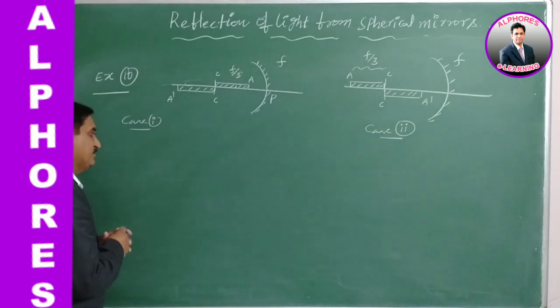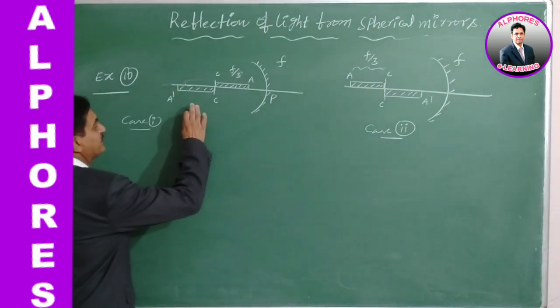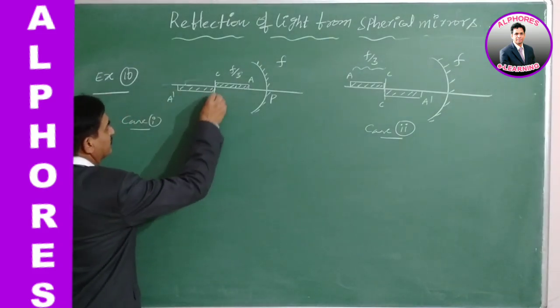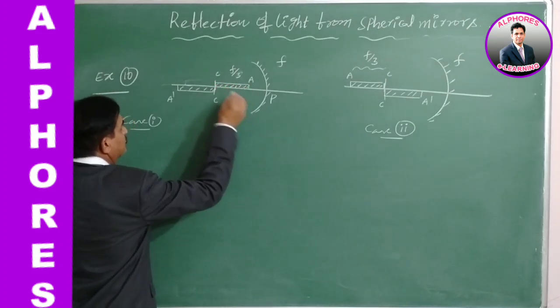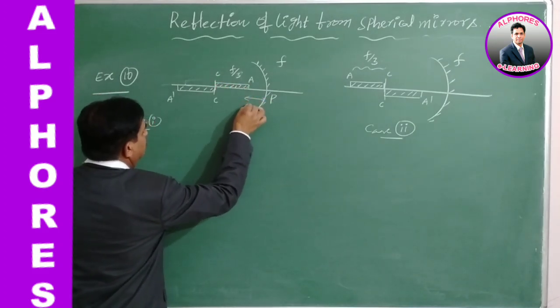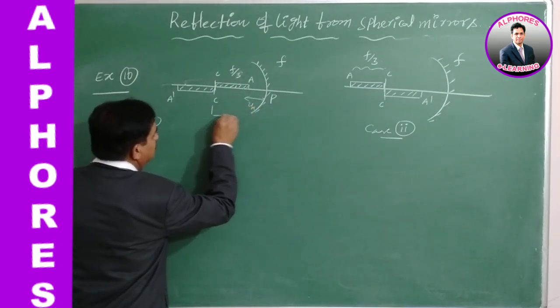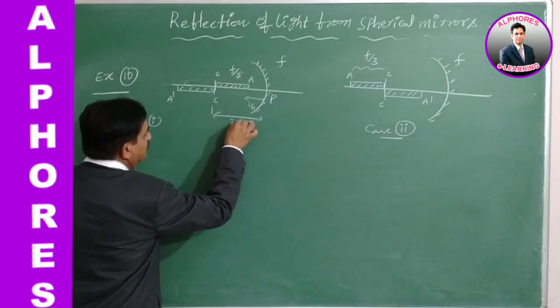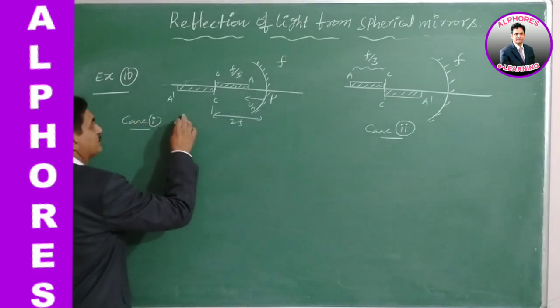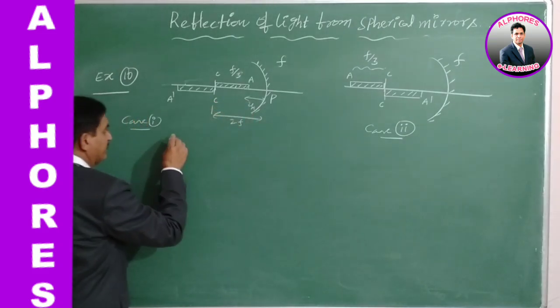So let us find the magnification here. To find it, the object distance from this point to the center is 2F, and this is UA.